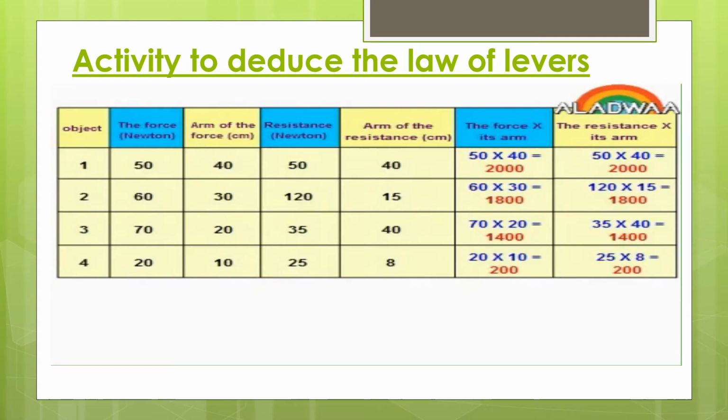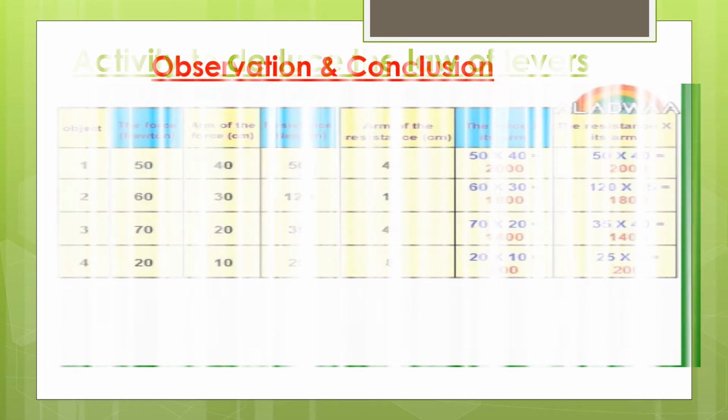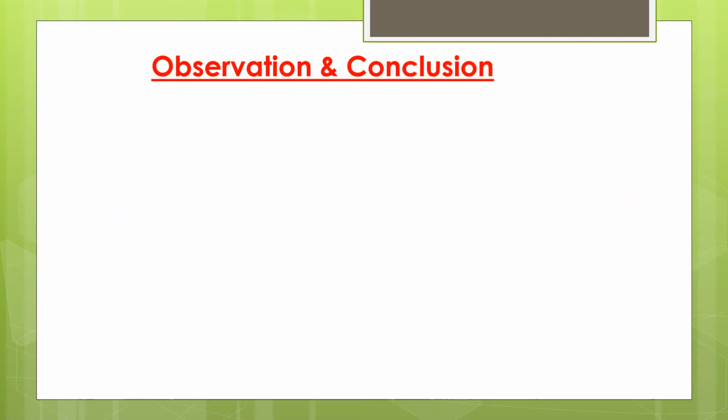Then, record the results in a table of your design. What do you observe? What do you conclude? If we assume that you got the following results from the previous activity. Observation and conclusion from the previous video.